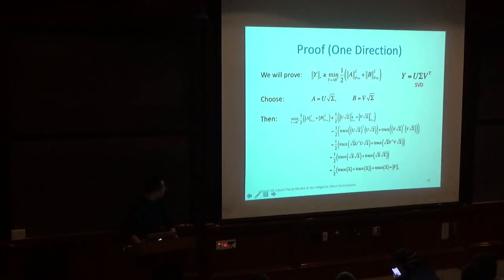And then here we invoke the definition of the Frobenius norm, which is the trace of these guys. We apply the distributive rule, so we actually distribute. U U transpose and V V transpose are identity matrices. We get back this, which equals this.